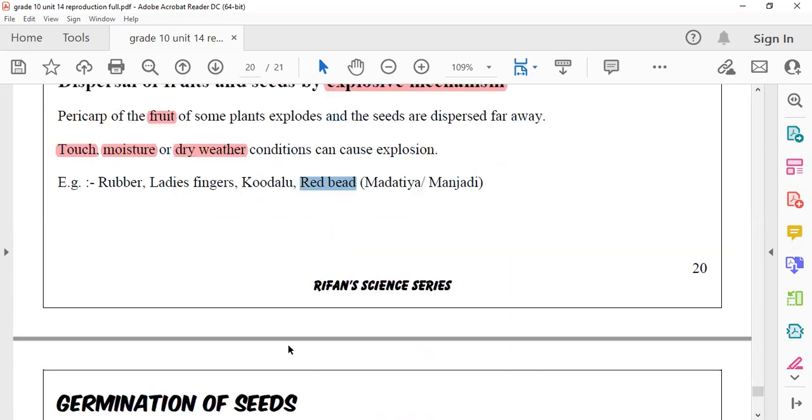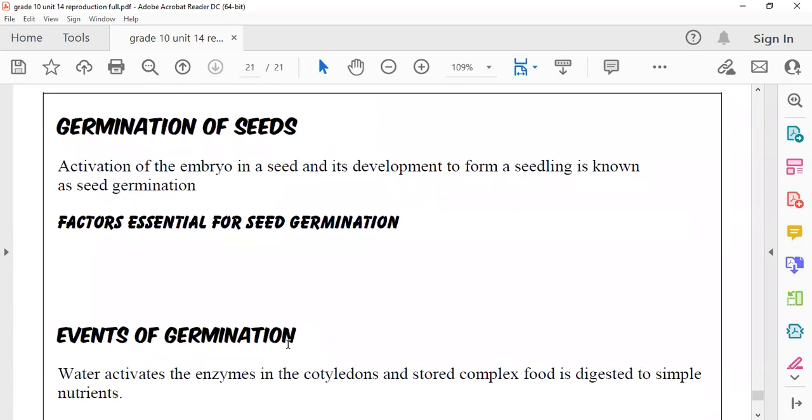Okay. And following, seed germination. After you plant a seed, from that seed, a new baby plant will come out. The new baby plant coming out is called a seedling.